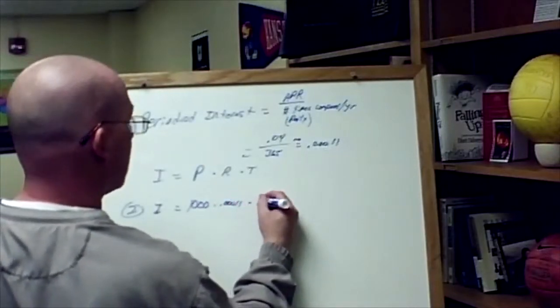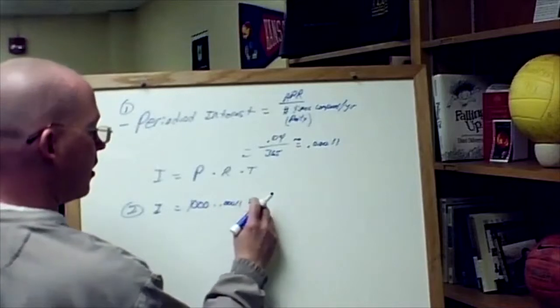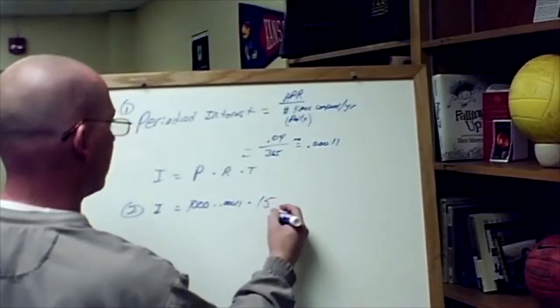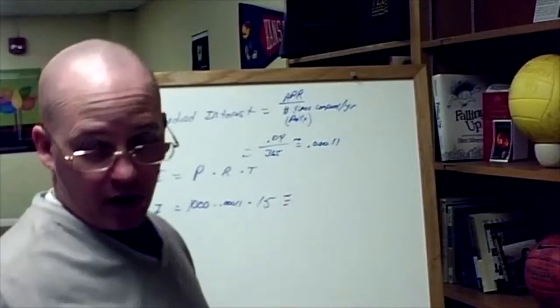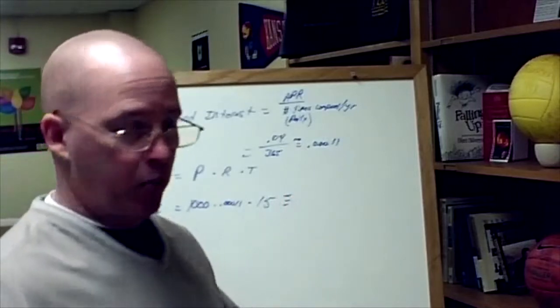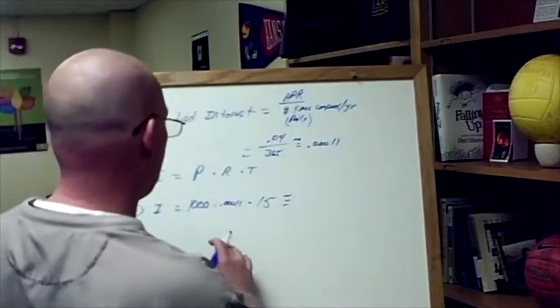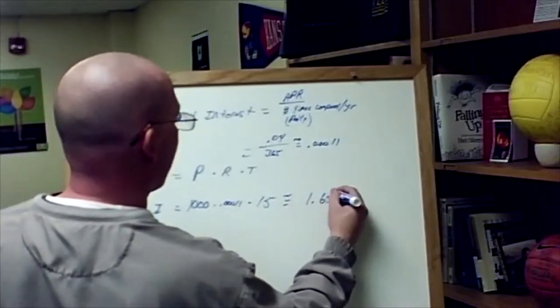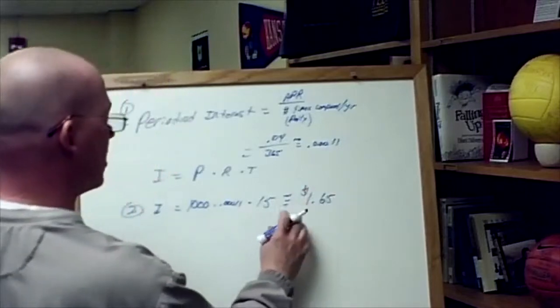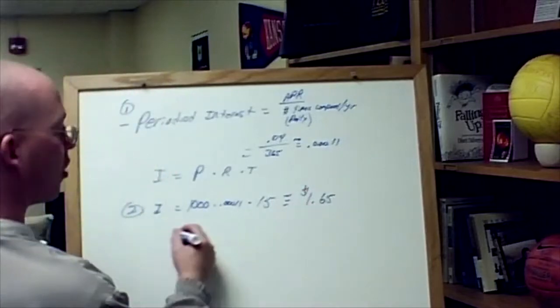And our time, since this is given in days, has to be in days. So that's going to be 15. I'm not going to calculate this on a calculator, I'm just going to give you an approximate. You can calculate it on a calculator, but this is going to be about $1.65. So for the first 15 days, you're going to earn about $1.65.